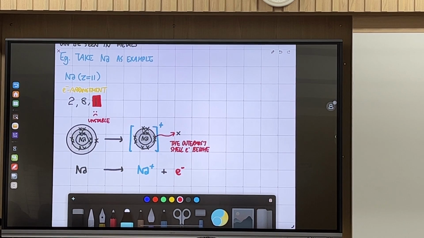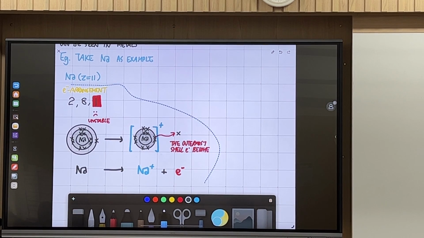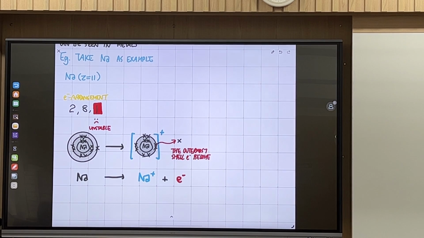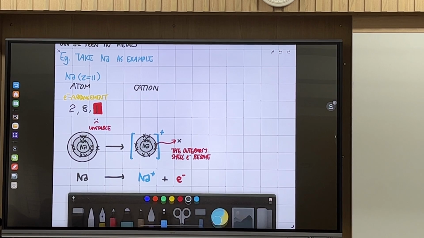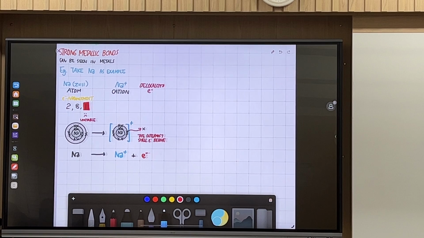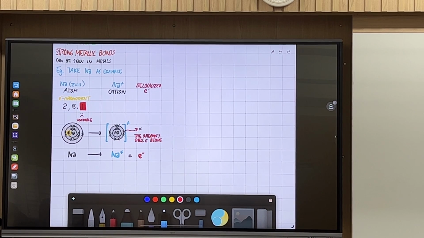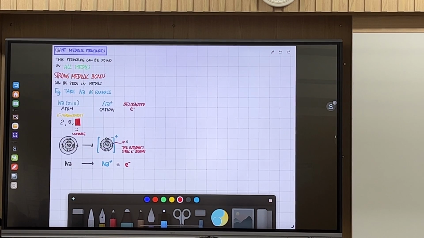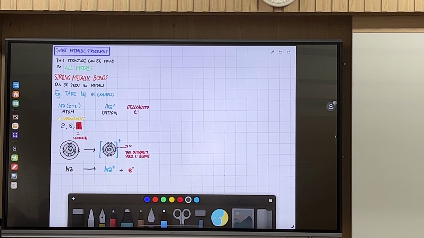And tell me what they have become. This is a sodium atom on the left, and on the right we have what we call a sodium cation, Na+, and a delocalized electron. And think about what happens when you have not just one Na, but many Na around. All the Na will do the same. So let's see if you can draw this. If you cannot, it's fine.